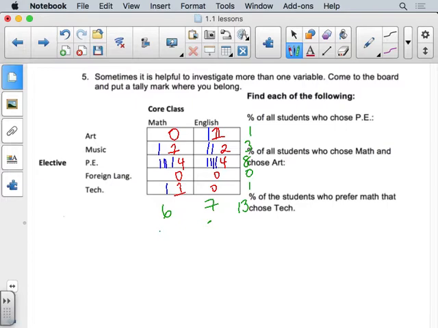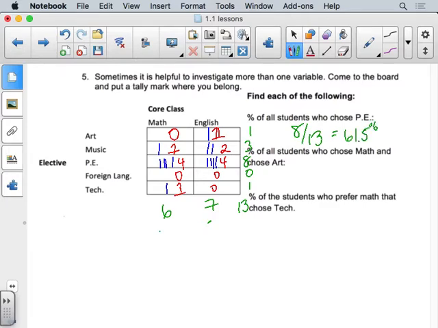Okay, so the percent of all students who chose PE, and I didn't write these down, so I might need help. So let's see. Percent of all students who chose PE, was that 8 out of 13? Is that right? I don't know the percent though. It said it was 61. Okay. Sure. Let's do up to one decimal.